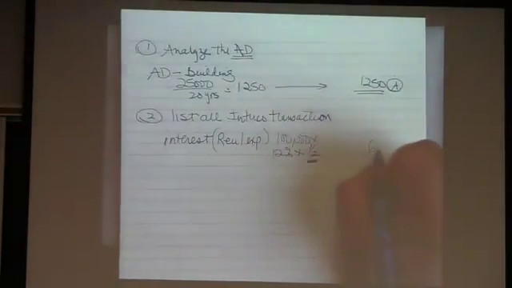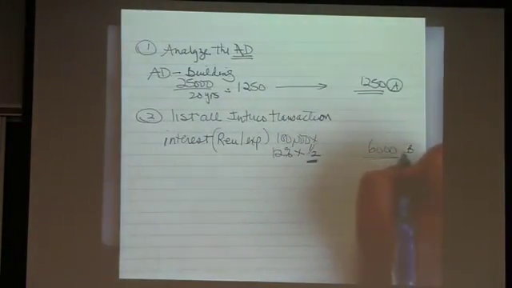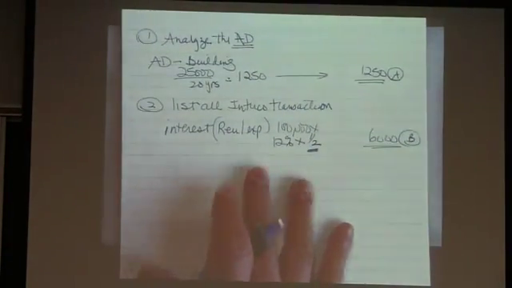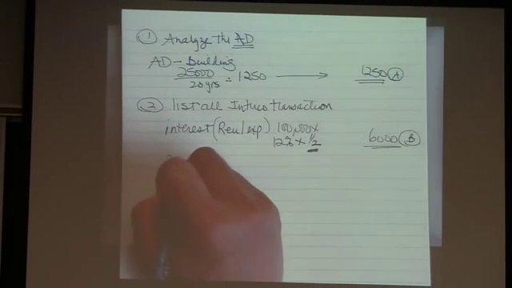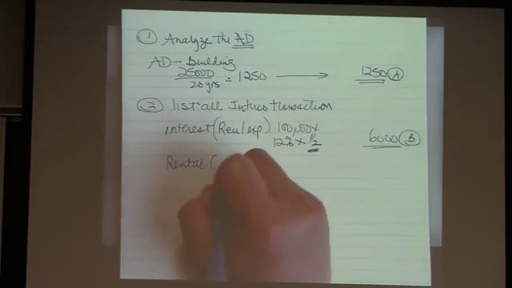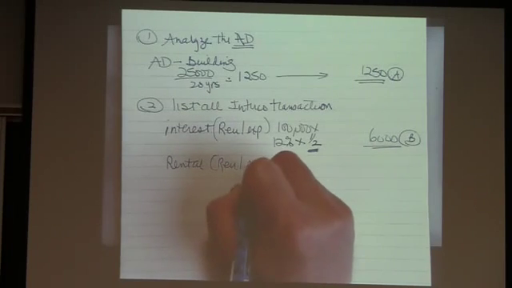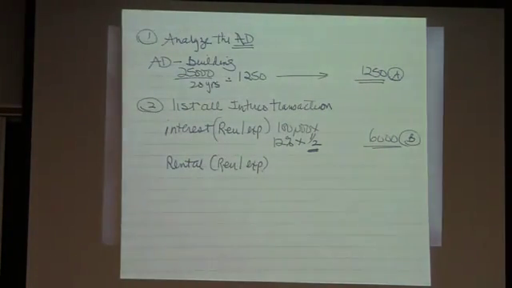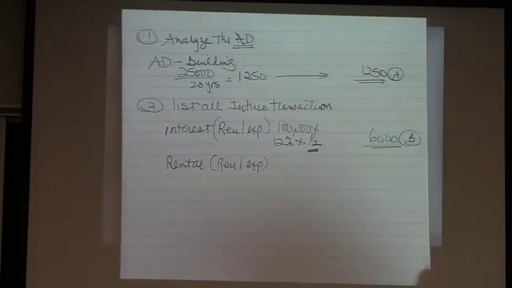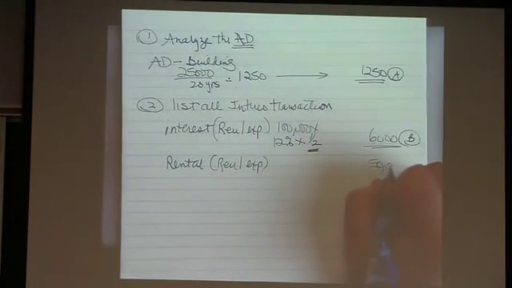So that's 6,000. Let's label that B. Rental was the other one. Rental income, again, revenue and expenses. I have to make sure I eliminate that. And that was for 50,000 that was given to us. Let's call that C.